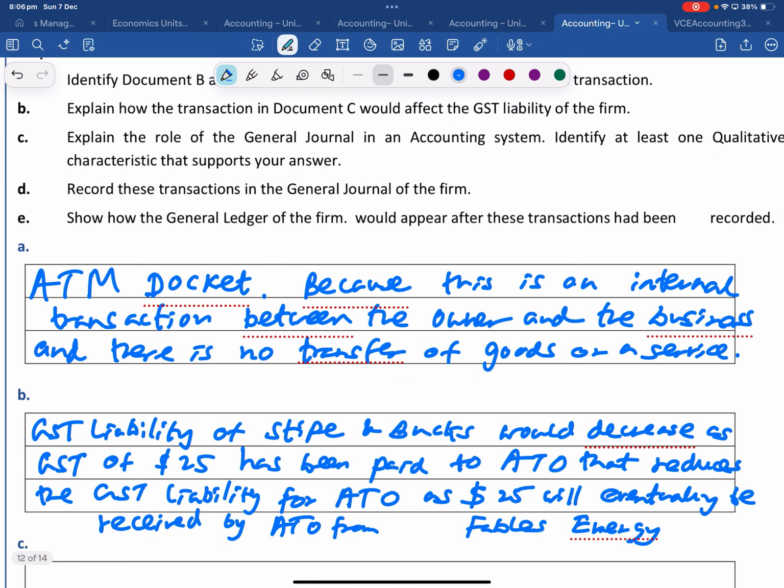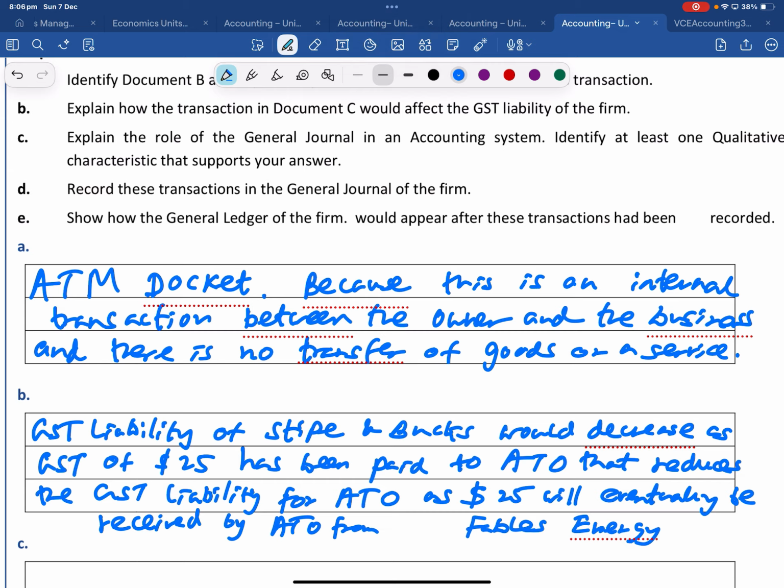The role of the general journal in the accounting system. Identify at least one qualitative characteristic that supports your answer. What do you think, guys? It says at least one. I feel like relevance and understandability, or faithful representation.